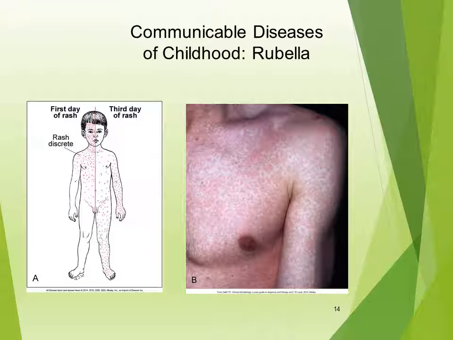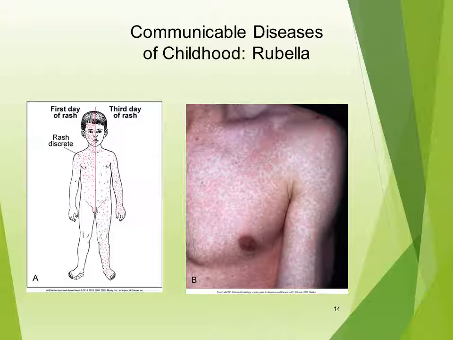Now, here's some good news. Because of our efforts at immunization, the CDC has declared rubella eliminated from the United States. But one of the things we have to do to continue to enjoy relief from this disease is to keep our children immunized, and also to remember that we have a lot of immigrants coming to the United States from areas of the world where rubella is still prevalent.